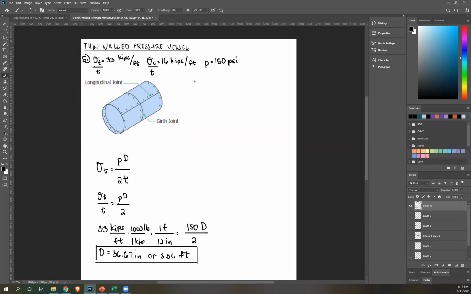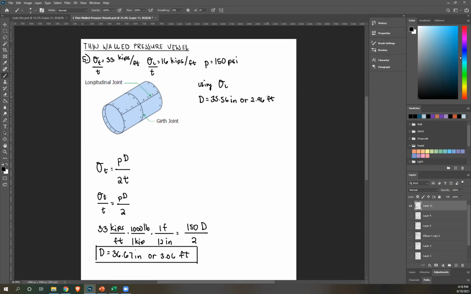Now, if you try to solve using longitudinal stress, the answer for D that you'll get is 35.56 inches or 2.96 feet. Now, as you can see, 3.06 feet is greater than 2.96 feet.